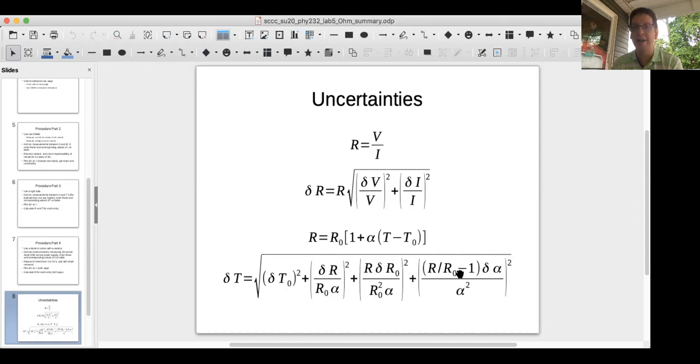So you're adding 4 squared terms together and taking the square root. And that's going to be your uncertainty in temperature. So how precisely do you know the temperature? You get an uncertainty in degrees Celsius from that. And if you have any questions, you can just email me.